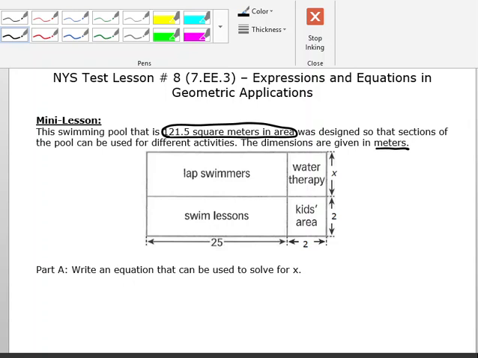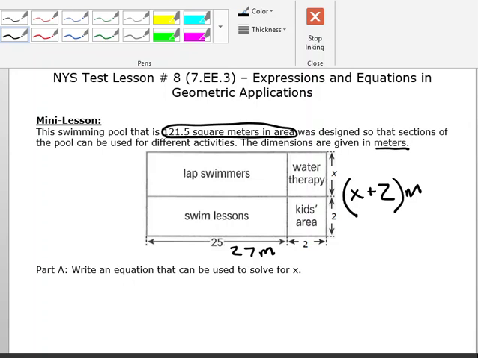With my swim lesson section and the kids area, I have a total length here of 27 meters. And I know that my width is x plus 2 meters.